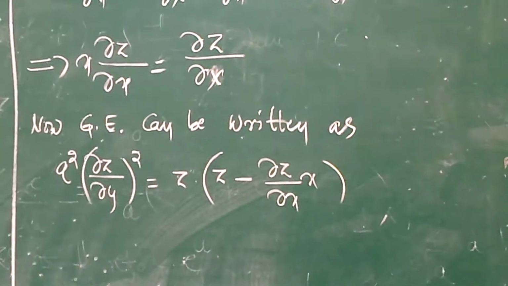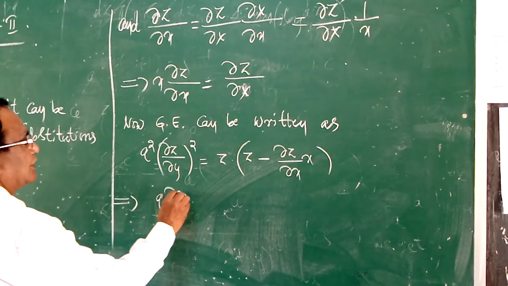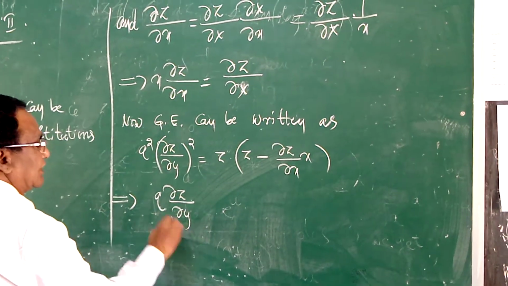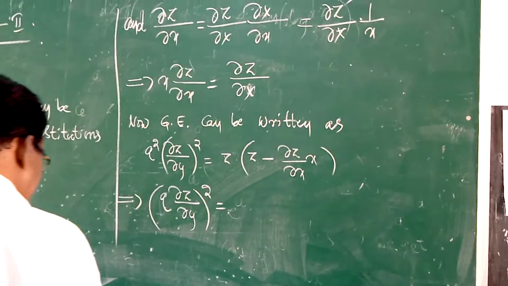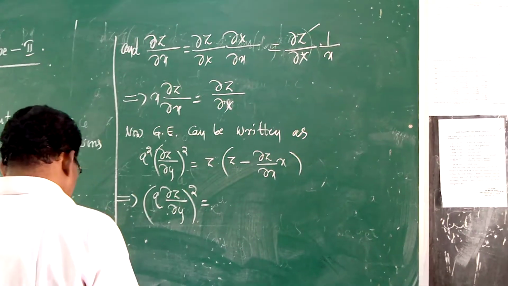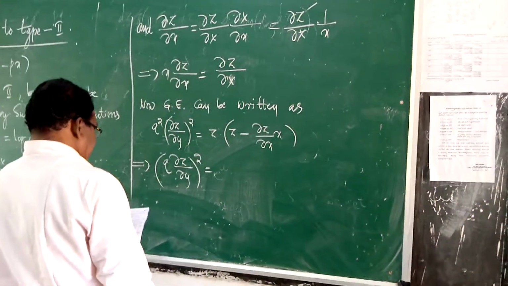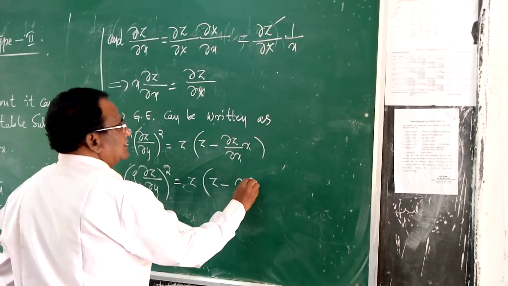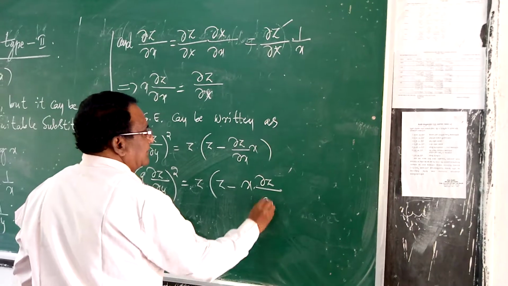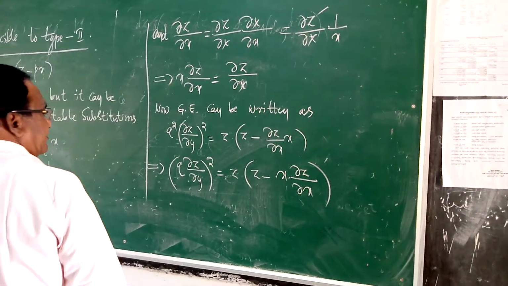Or this can be written as q into y into dou z by dou y whole square is equal to z into z minus x into dou z by dou x.